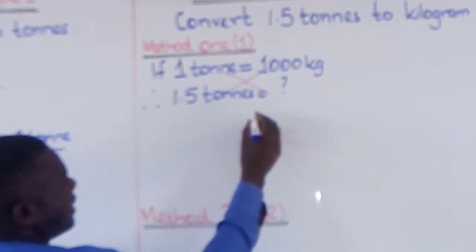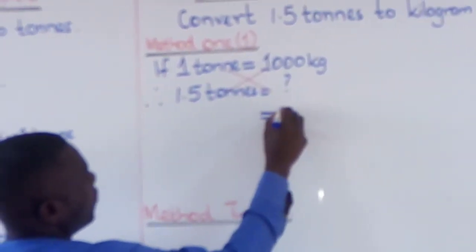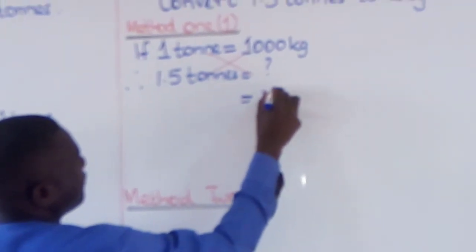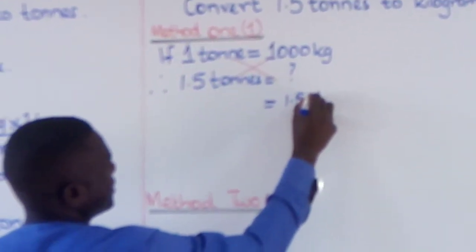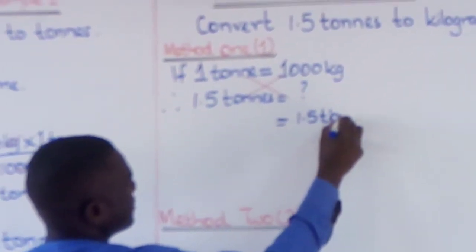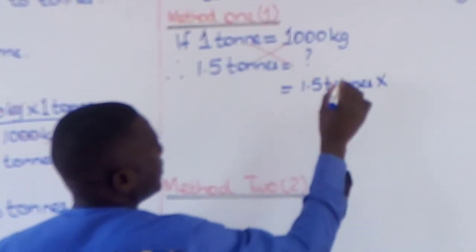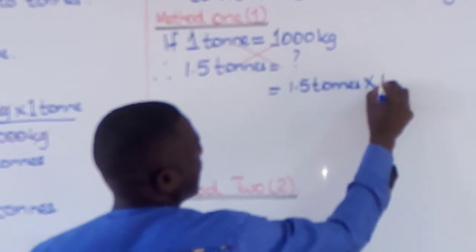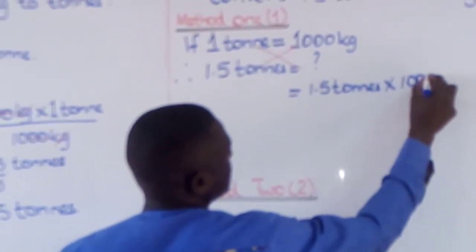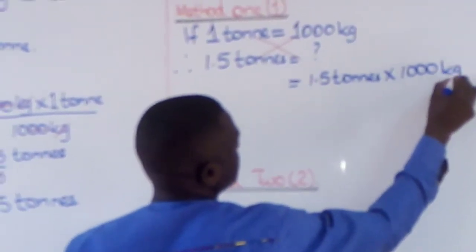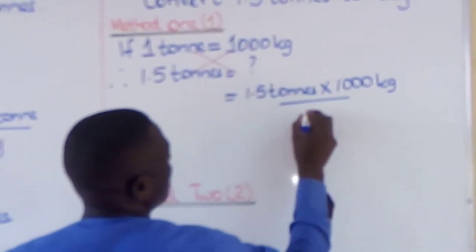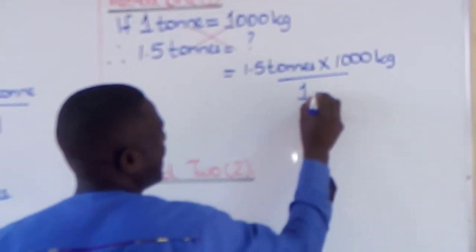Learners, that will be 1.5 tons multiplied by 1,000 kilograms all over 1 ton.